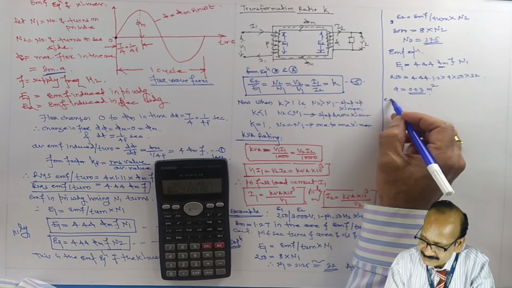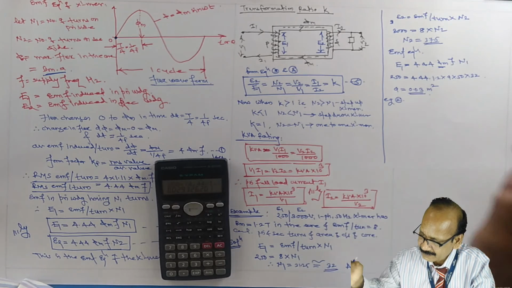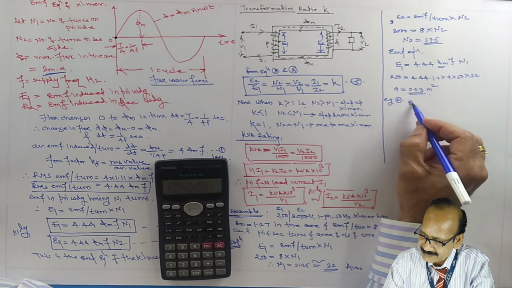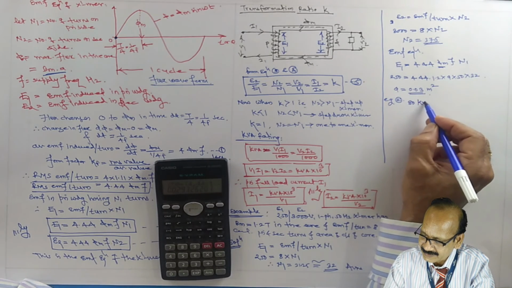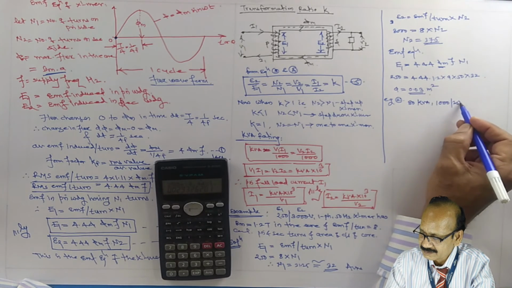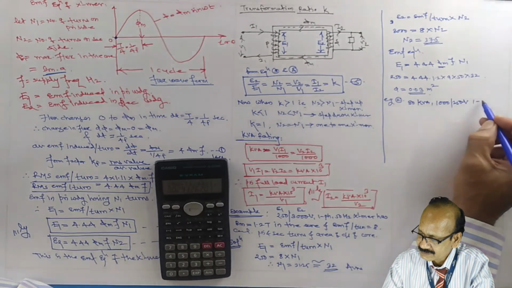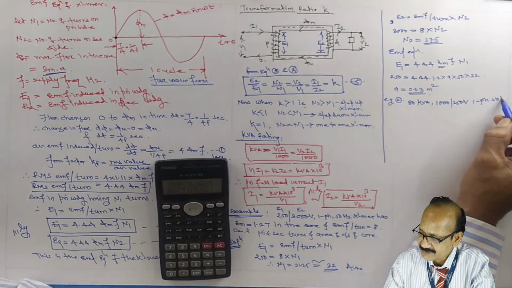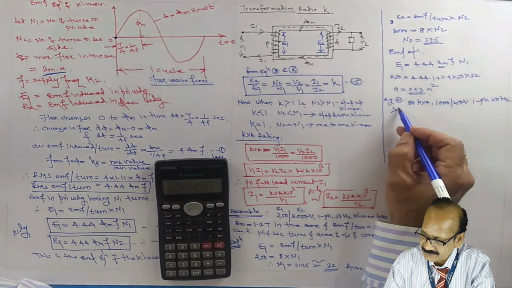Let us have example 2. Say an 80 kVA, 1000/250 volt, single phase, 50 hertz transformer.